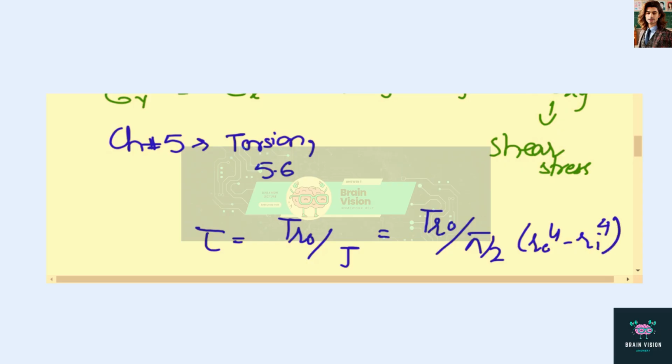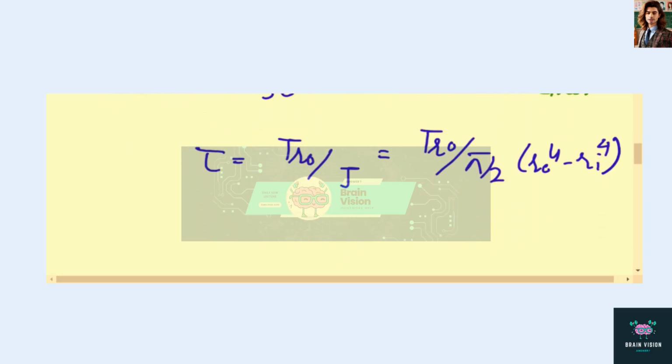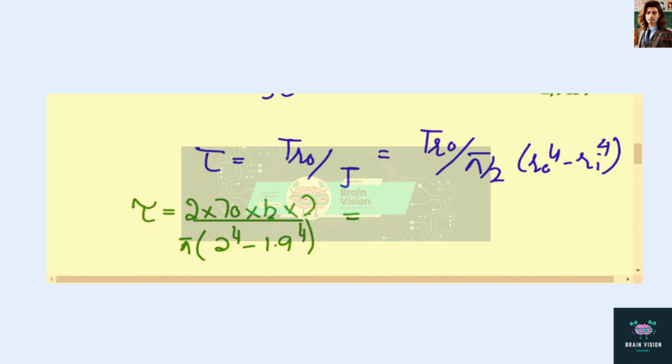Simply plugging in the values, tau is equal to 2 times 70 times 12 times 2 divided by pi times 2 to the power 4 minus 1.9 to the power 4. Calculating, we get 360.4 ksi.